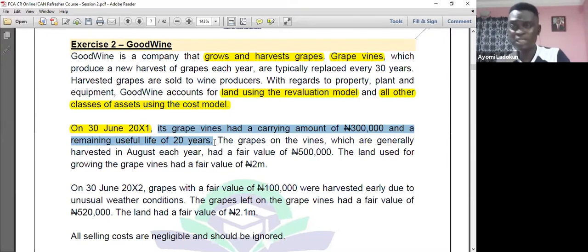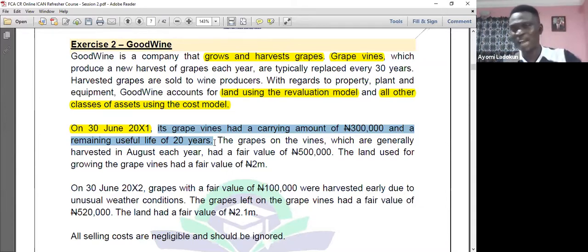How do I get my depreciation here? I simply say 300 divided by 20 years. If you remember, 300,000 divided by 20 is going to give me 15. And I'm calculating depreciation for only 1 year. I'll say 300,000 minus 15, it will give me 285. So as at 30th June 20x2, the carrying amount of grapevine will be 285.